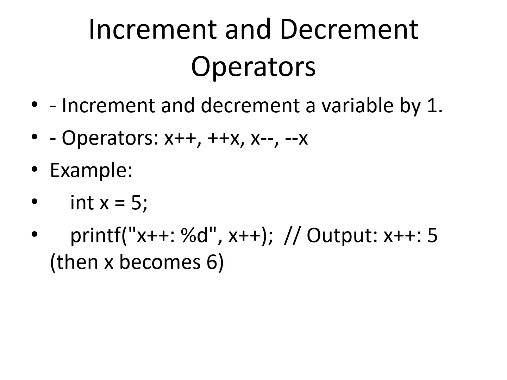The next operators are increment and decrement operators. These are operators that increment or decrement the value of a variable by 1. These operators are x plus plus and plus plus x, x minus minus and minus minus x. The plus plus operator is used to increment the value of x. We can use plus plus either before the variable or after the variable. In this example, int x equal to 5, we use x plus plus in printf.